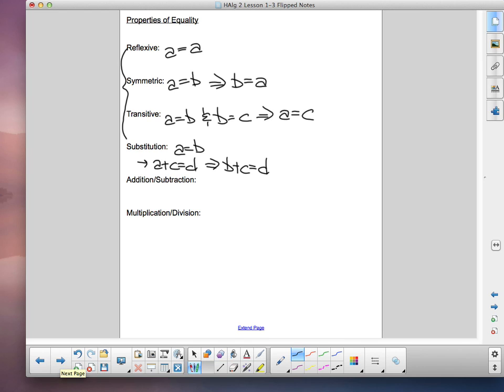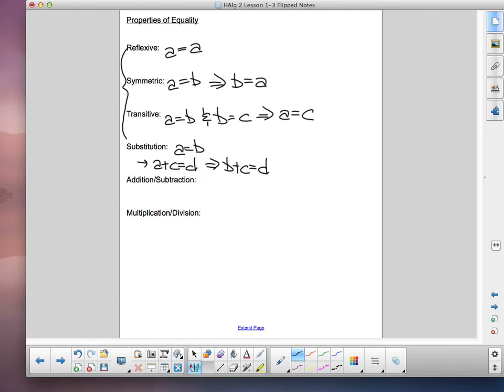Substitution. So again, these four we should remember from geometry. Alright? These last two, the addition slash subtraction property of equality, multiplication slash division property of equality. These are basically how we solve our algebraic problems. How we move things from one side of an equation to the other in order to get an answer. And that's where these two come in.